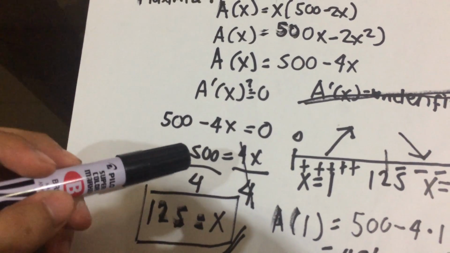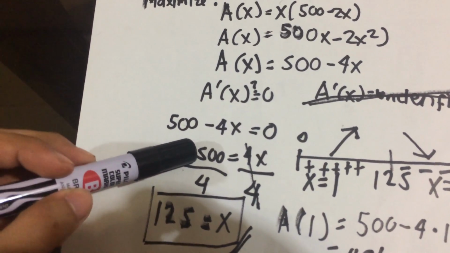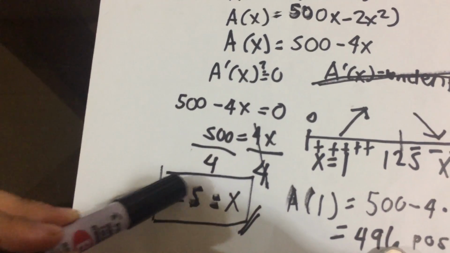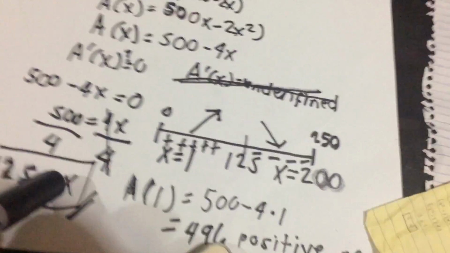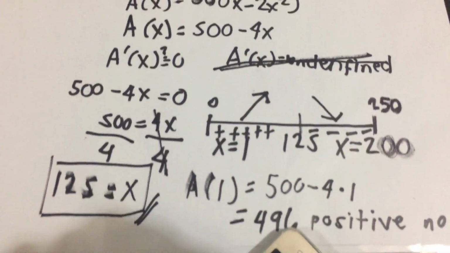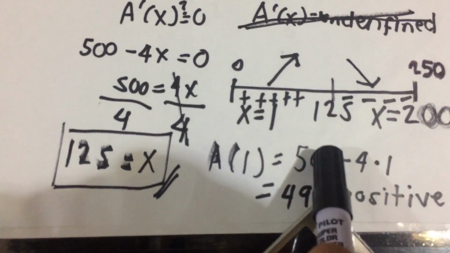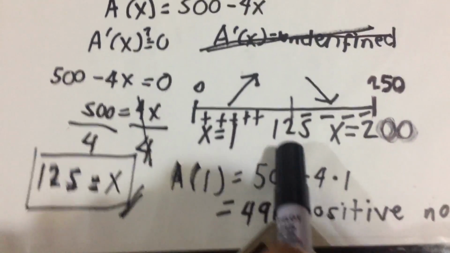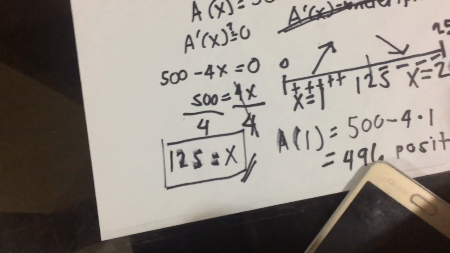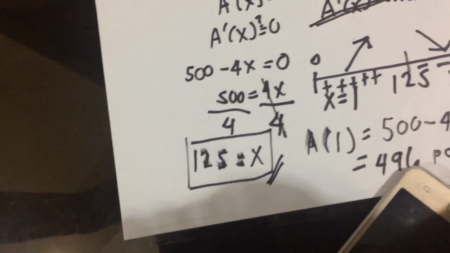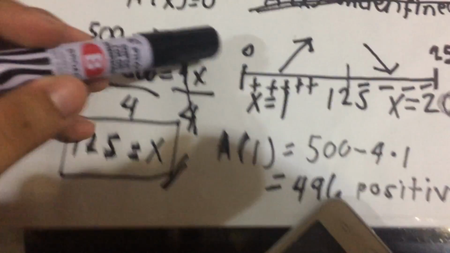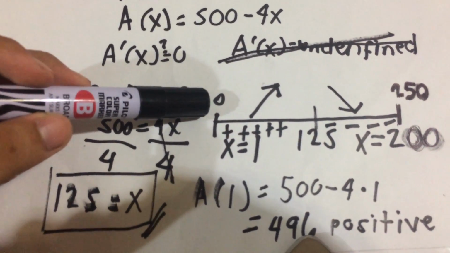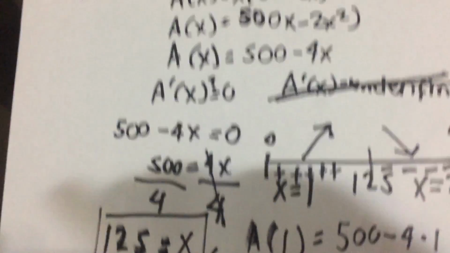That gives us x equals 125. So here is our critical point, 125.